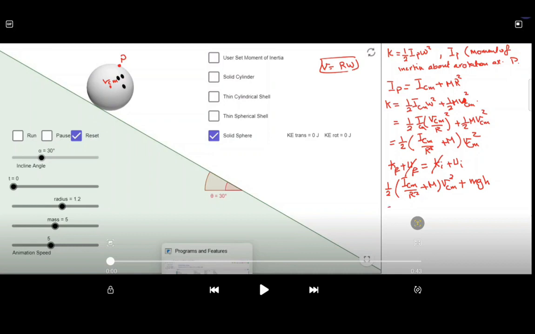Rearrange this one here, you will find that v center of mass equal to 2gh over 1 plus I center of mass over m r square, to the power half. Once we find the v center of mass here, we can find the translational kinetic energy and the rotational kinetic energy.